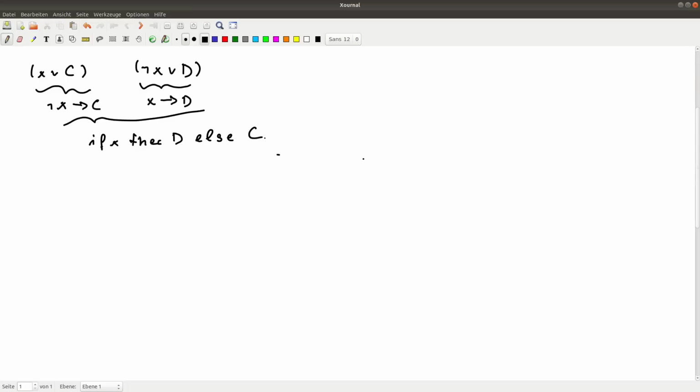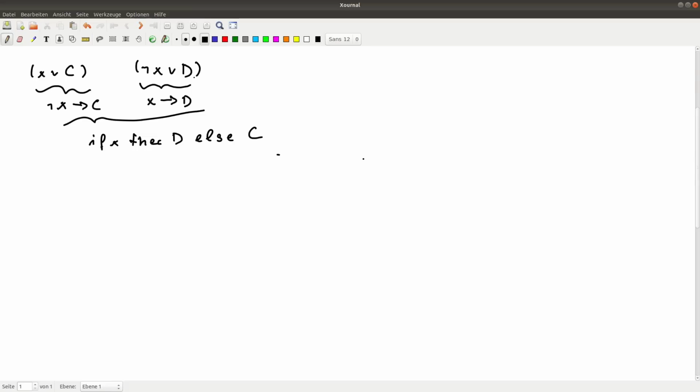So if x is true, then we have to find an assignment that satisfies d. Otherwise, we have to find an assignment that satisfies c. Because if x is true, then this first clause is definitely satisfied. If x is false, the second clause is satisfied.